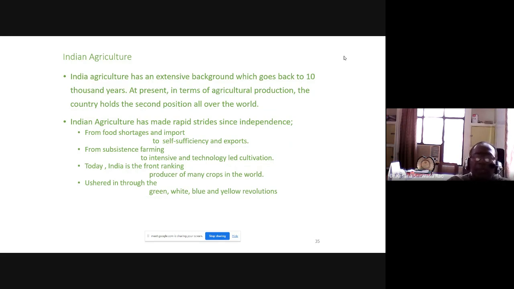That is what I have explained briefly. Indian agriculture has an extensive background which goes back 10,000 years. That is what I have already told you earlier in the slides.